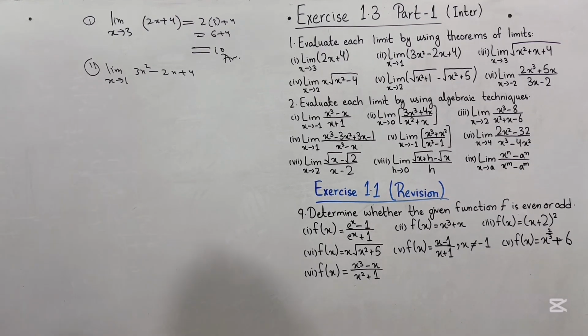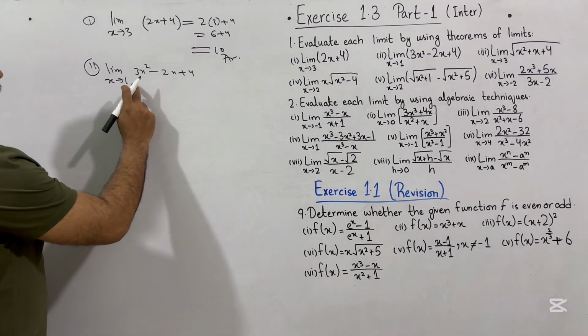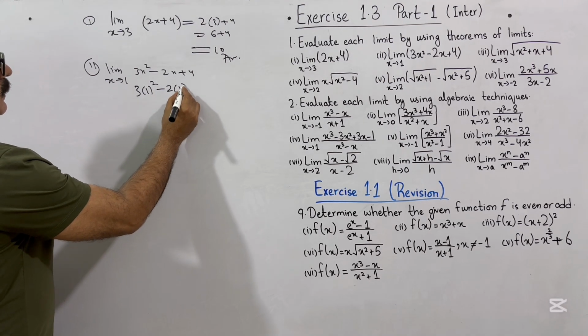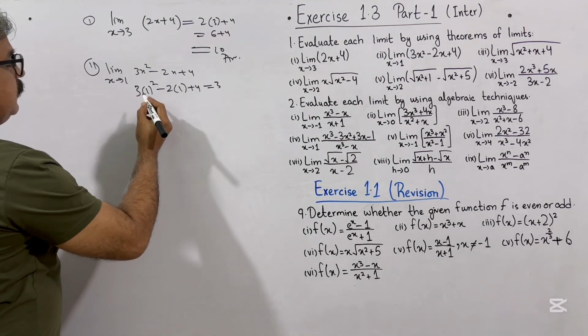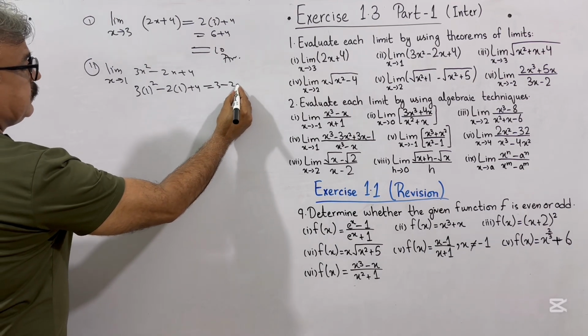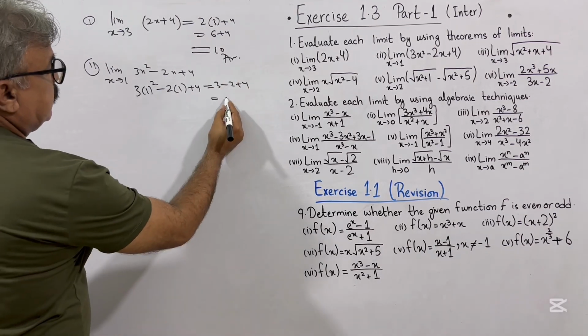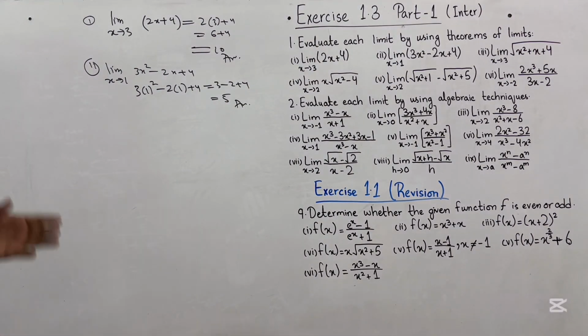The limit exists for polynomial type functions and they are continuous everywhere. Put the limit here. 3 times 1 square minus 2 times 1 plus 4. Just simply evaluate by putting in the value. 3 minus 2 plus 4. 3 minus 2 is 1, plus 4, 5 is the answer in that case.